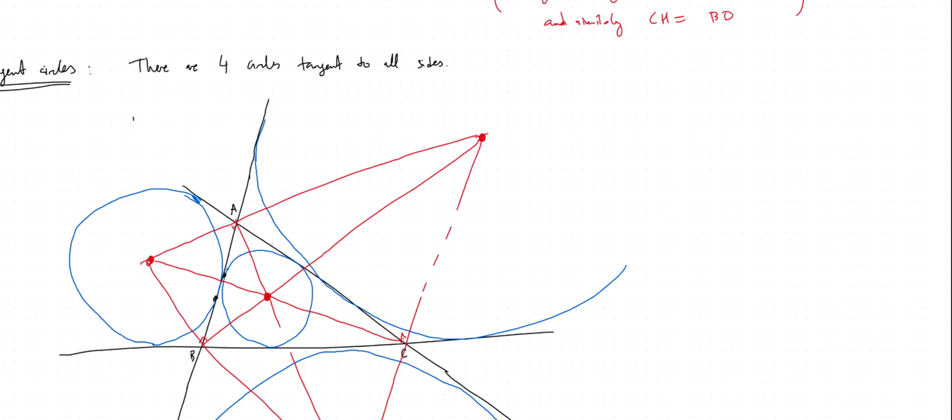The characterization is that the angle bisector is the set of points which are centers of circles that are tangent to AB and AC. So if I want to draw a circle, I ignore BC, I don't even think about the vertices B and C, I just think of the lines AB and AC. I'm trying to consider the circles that are tangent to these two lines.